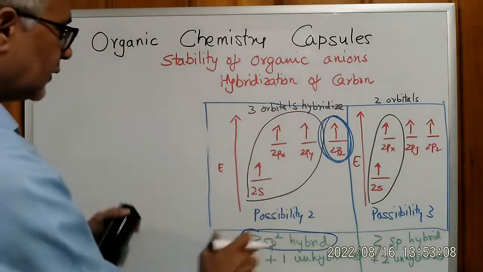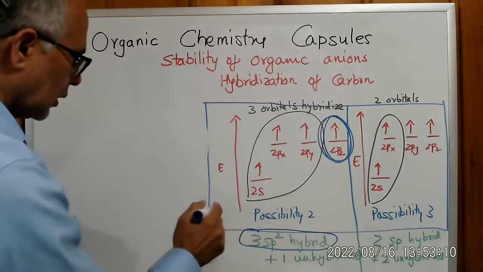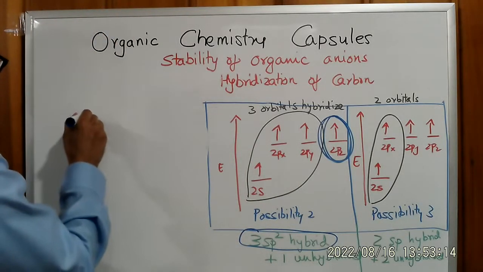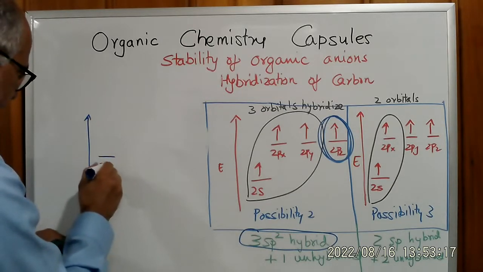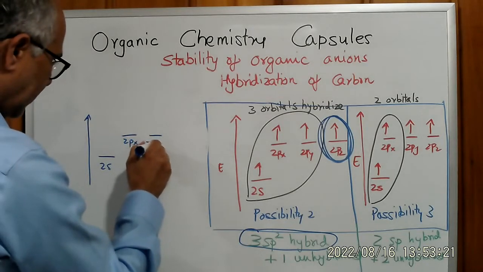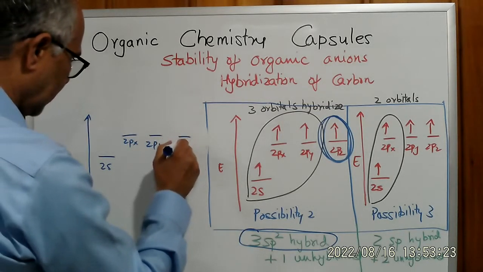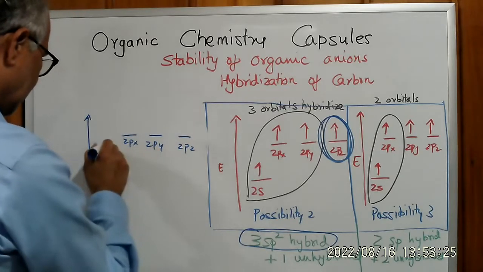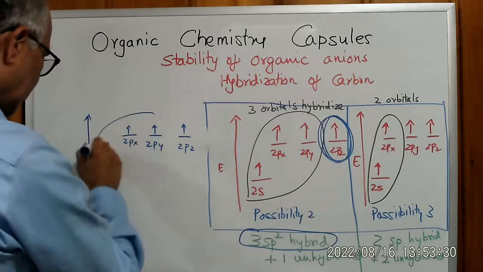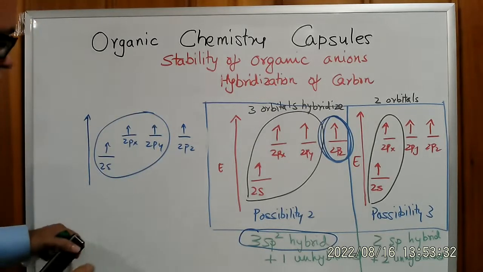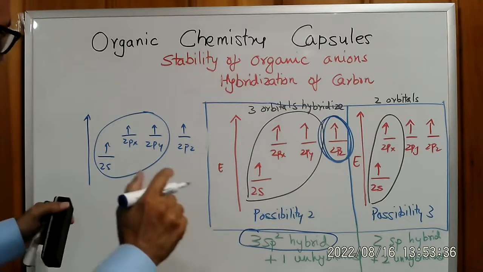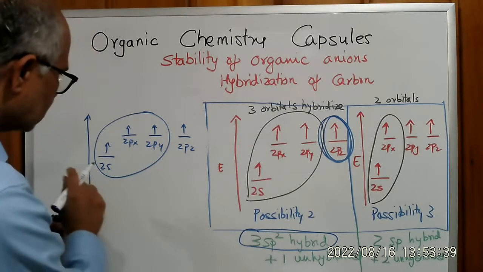So as a result of this hybridization, the 2s, the 2px, I'll redraw that here. So the 2s, the 2px, 2py, and 2pz. So there's one electron in each of them. These are hybridizing. So the energy levels of the orbitals all become similar.